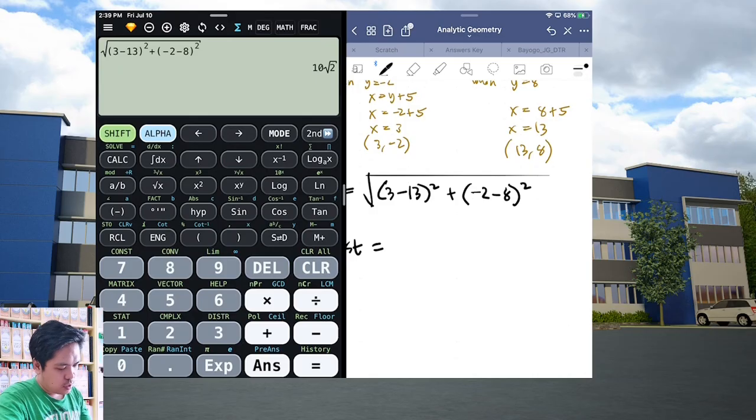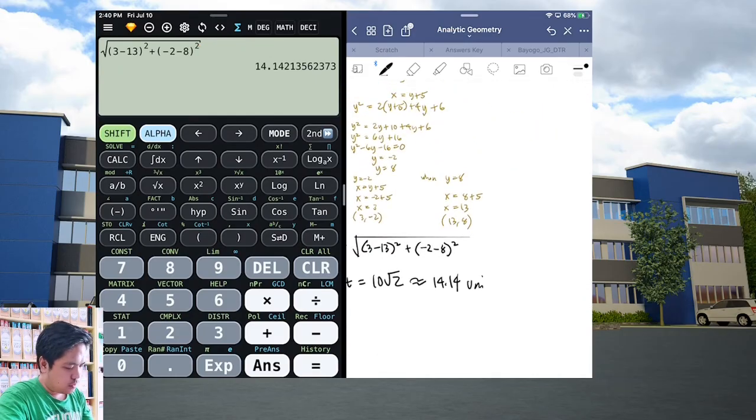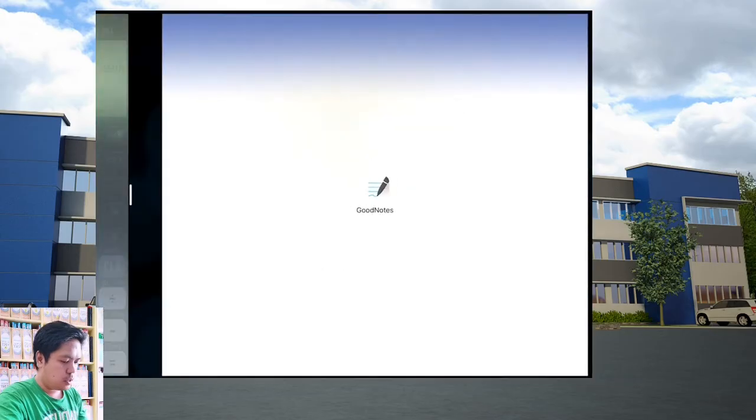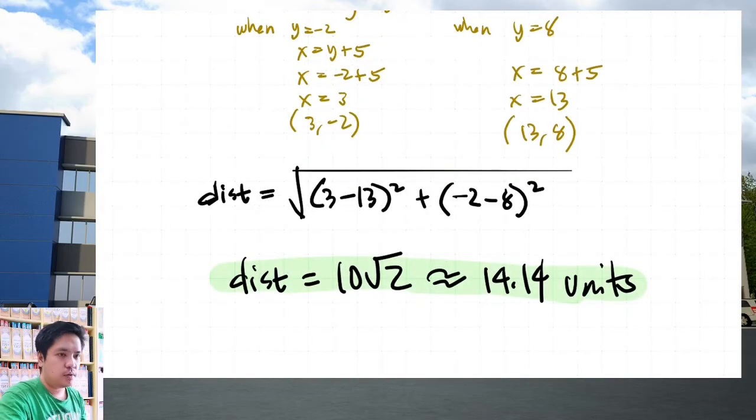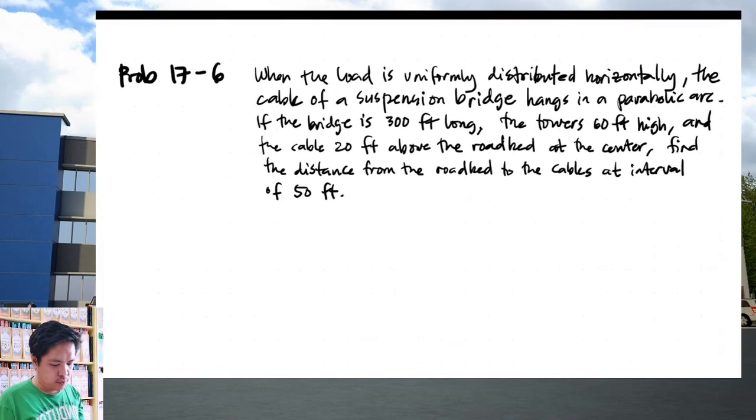So that's 10 square root of 2, or 14.14 units. So this is the length of the common chord. That's our answer.